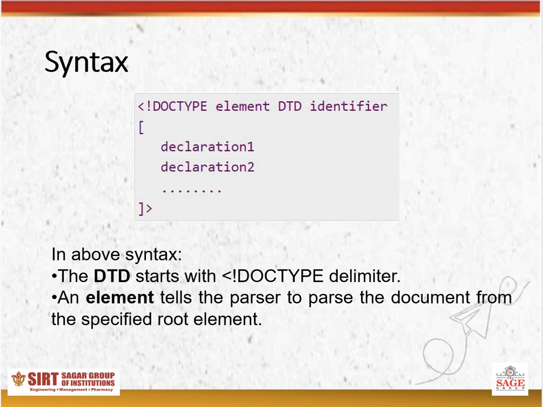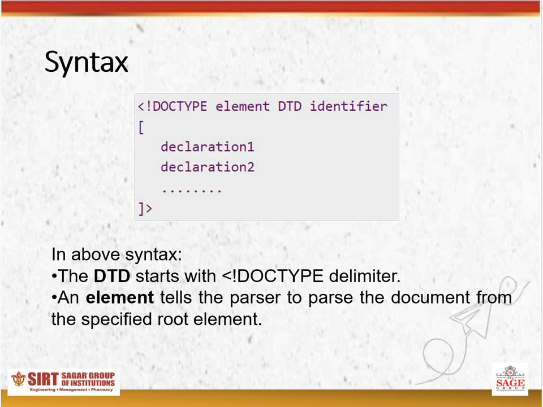It starts with the doctype delimiter. Then the element is specified. This element is specified to tell the parser that the document's root element is here. Then the DTD identifier. The identifier is for the document type definition, which provides a path to the file on the system. If your DTD exists on your working system, you can give the file name here, or if you are taking it from the internet, then the file's URL can be specified here.